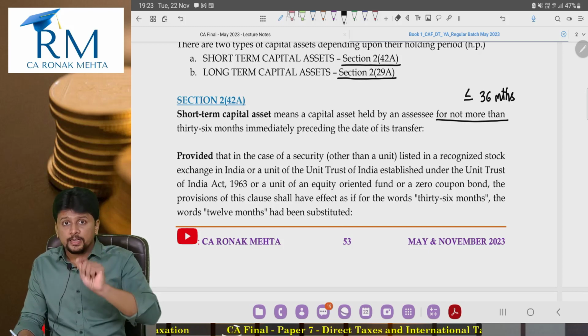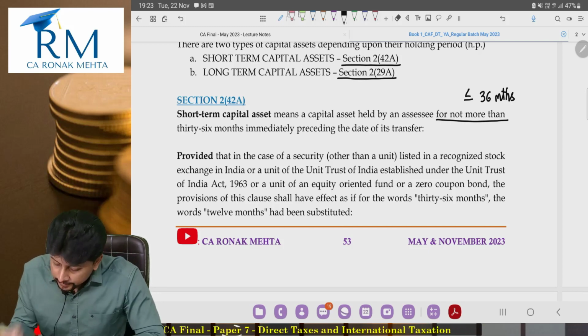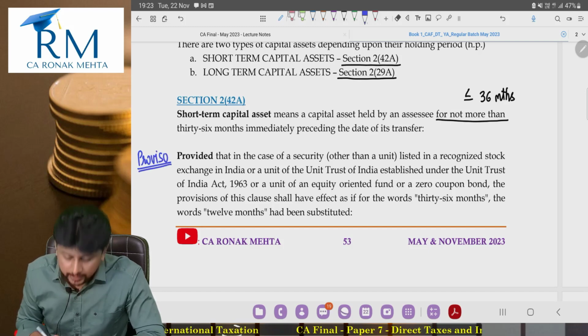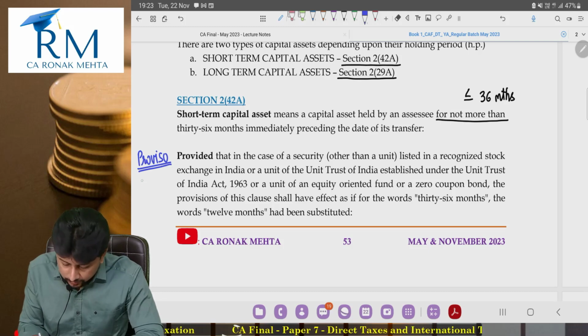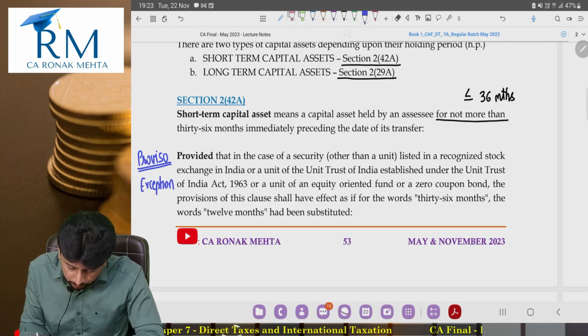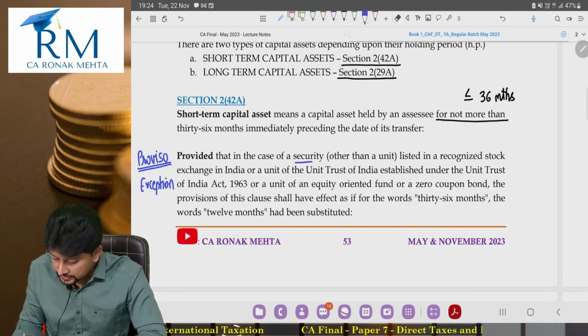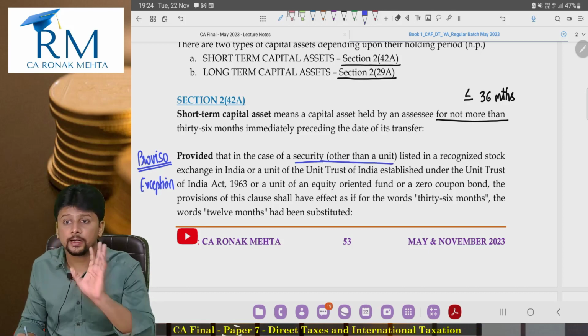Then there is a paragraph starting with the word provided. In my first lecture I told you that any paragraph which starts with the word provided means we are talking about a proviso. And what is the meaning of a proviso? It's an exception. Provided that if you are talking about a security other than a unit, units are not covered.